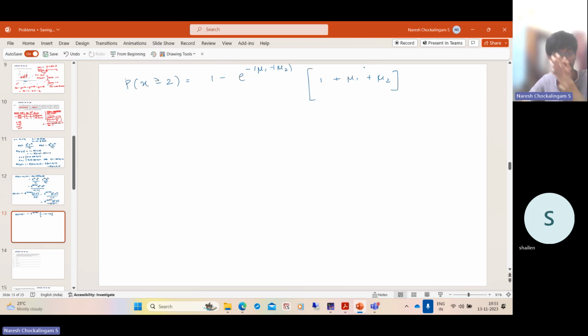In the 30-minute interval, what is mu1? Mu1 is equal to 2 and mu2 is equal to 1. You substitute these values into the expression, and you get 1 minus 0.199 or so. This value turns out to be 0.8.